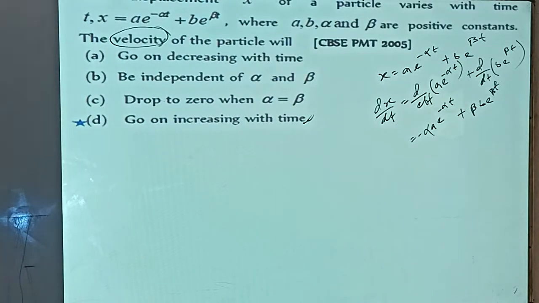X is given by a e to the power minus alpha t. Okay, so here you will have v is equal to minus alpha a e to the power minus alpha t plus beta b into e to the power beta t.